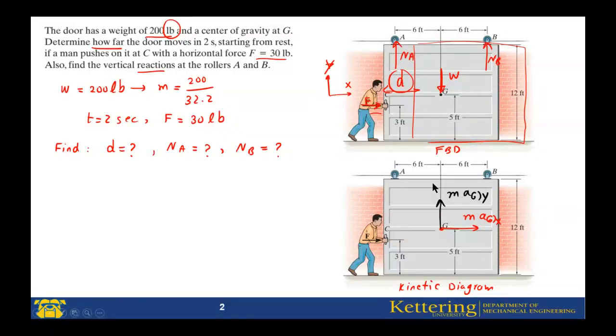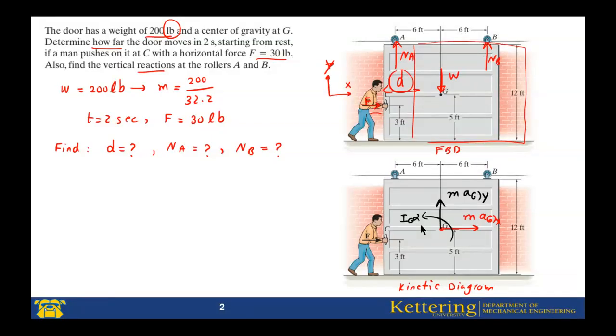These are not forces, so do not draw those on the free body diagram. These are different. Also, I add one more at G, called I_G alpha. This torque is because of the rotation.